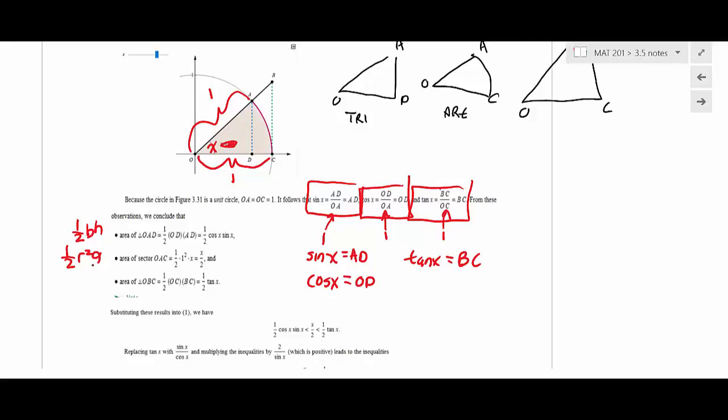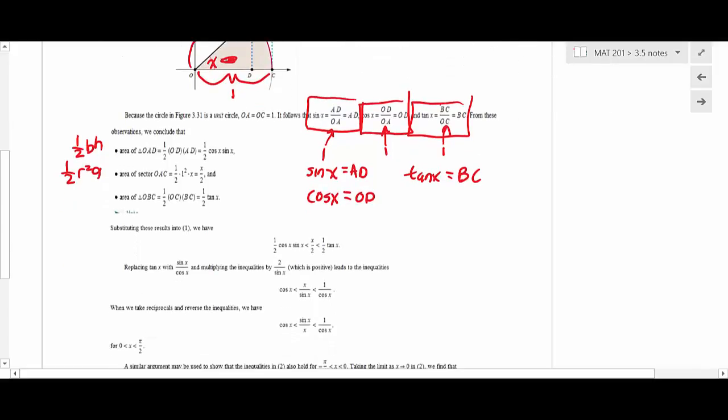Now, what we would do from here is we put this together and follow an inequality. Here's the small triangle, here's the sector, here's the big triangle. You're just comparing those 3 areas.